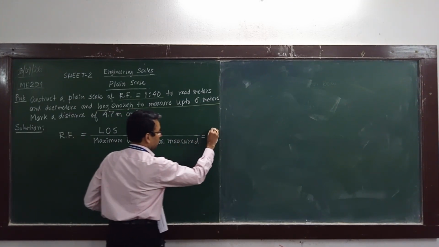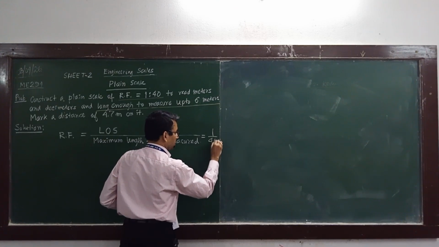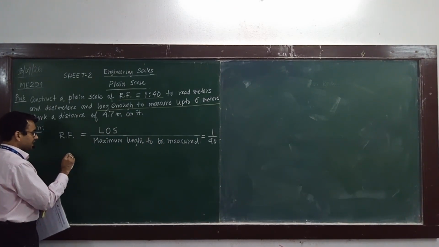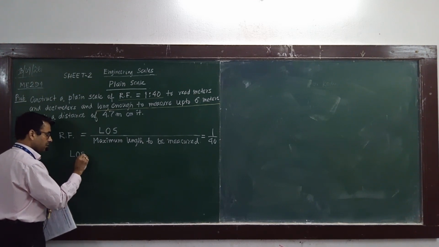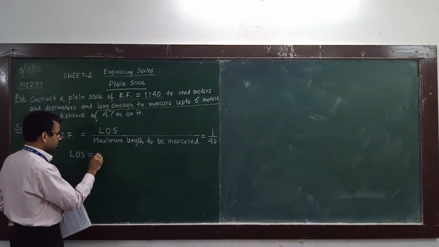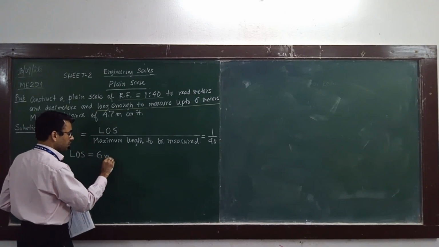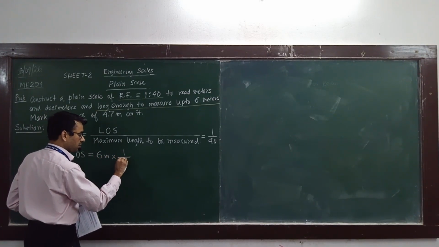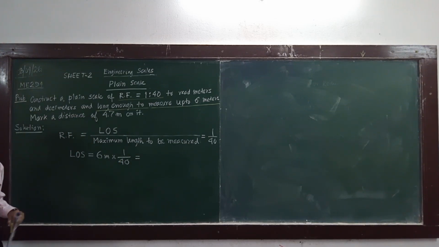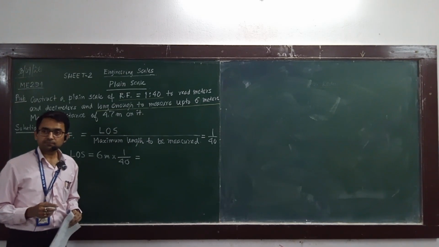So that is 1 by 40. Therefore, what is the length of scale? The maximum length to be measured is 6 meters multiplied by 1 by 40.